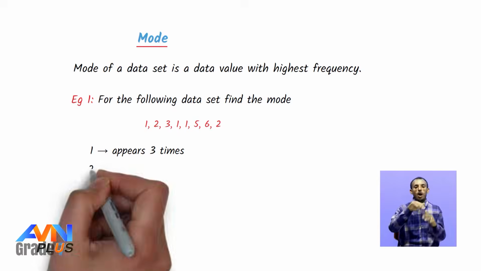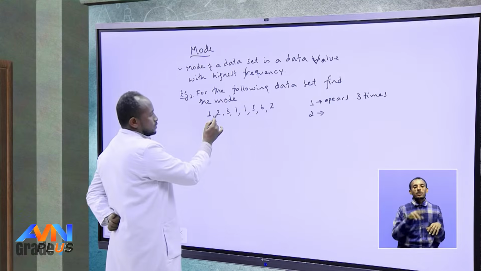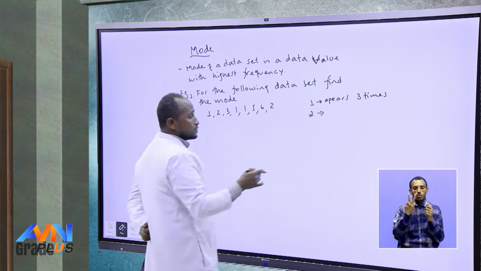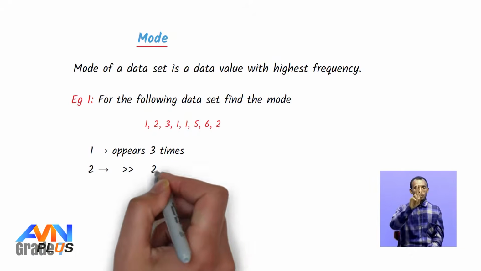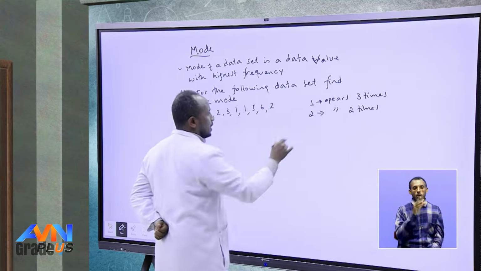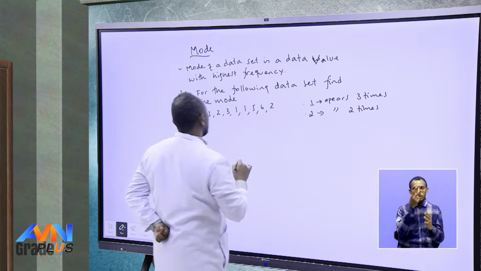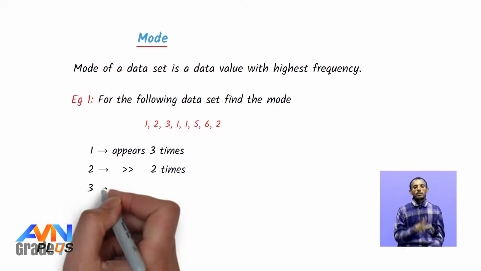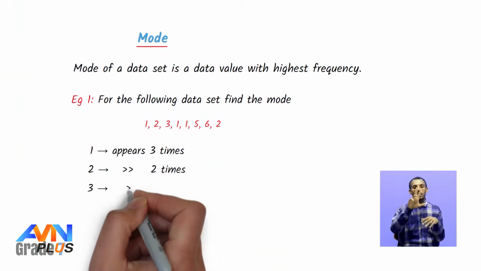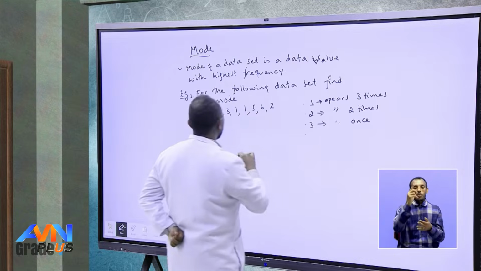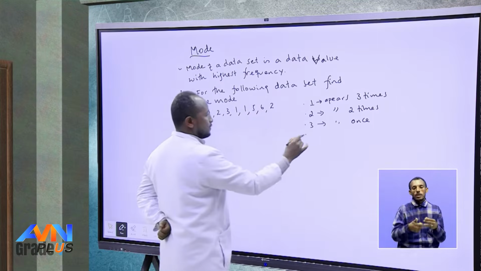Let's see 2. How many times does 2 appear? We have only two 2's. Therefore, its frequency is 2. Now, 3 appears only once. How about the other numbers, 5 and 6?